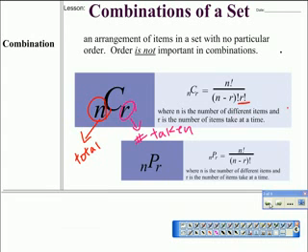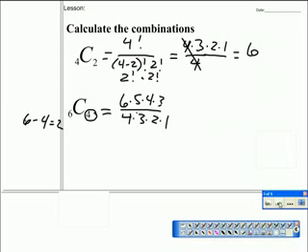What was 6 minus 4? 2. So the 2 and the 1 here cancel with the original 2 and 1 from inside the parentheses. Now I'm going to cancel 4 and 4, 3 and 3. Am I done?